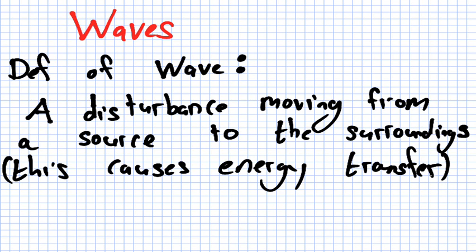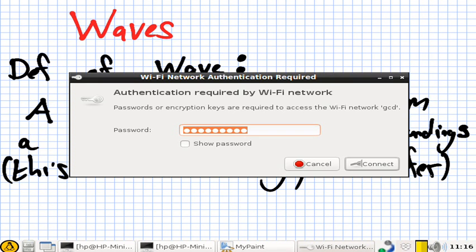Like we can picture a wave, but how to define a wave? So the simplest one I can come up with here is a disturbance moving from a source to the surroundings, and I maybe should put this in brackets, and this causes energy to transfer. It's the simplest I can make it.